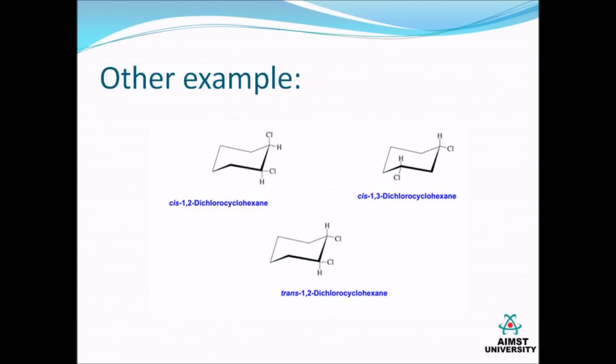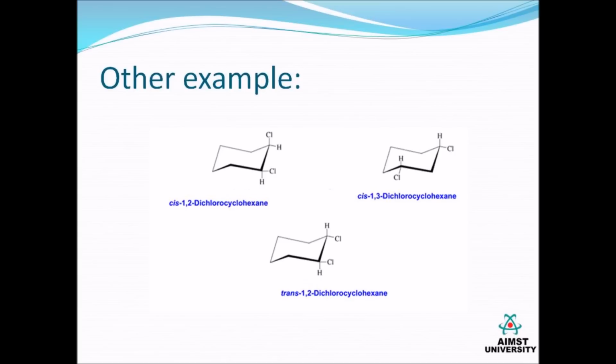In cis-1,2-dichlorocyclohexane, both the chlorines are in axial position. In trans-1,2-dichlorocyclohexane, we have the chlorine atoms, one in axial position, the other in equatorial position.